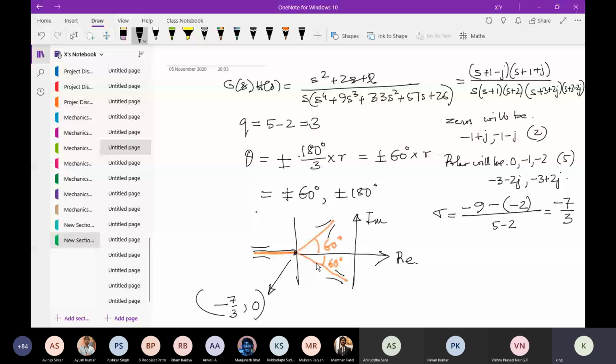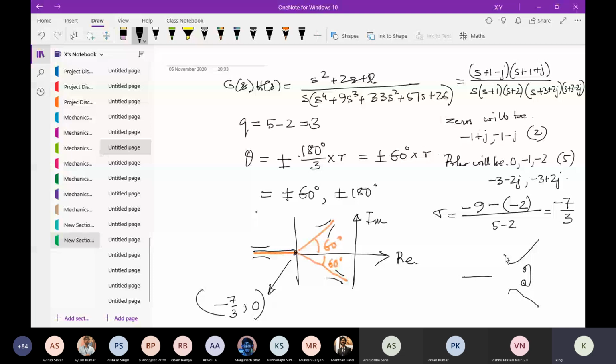And actually I am going to show you a picture of this root locus. The actual root locus picture looks like this, a rough picture, we'll deal with this later. So these are two zeros out here.